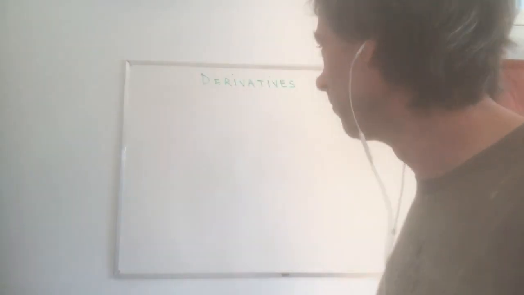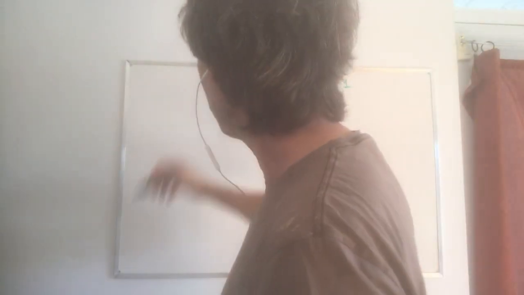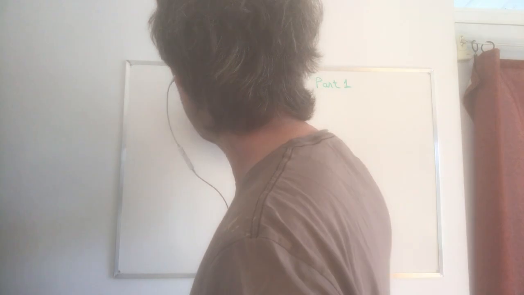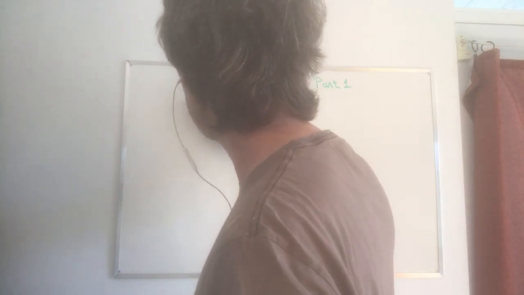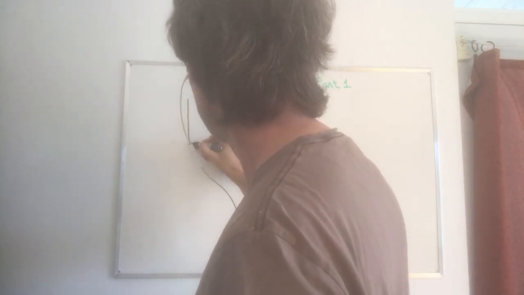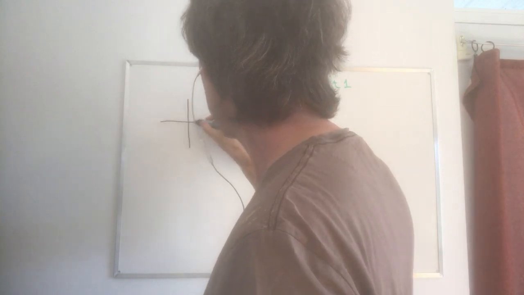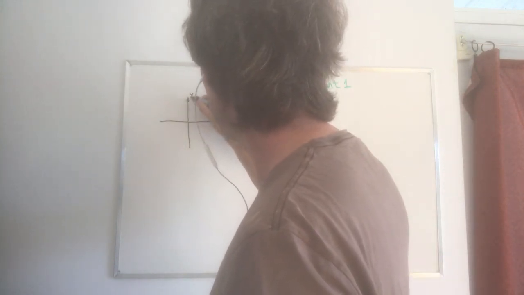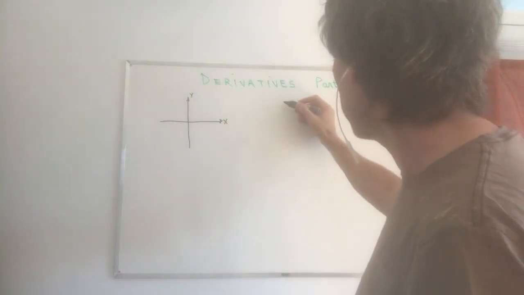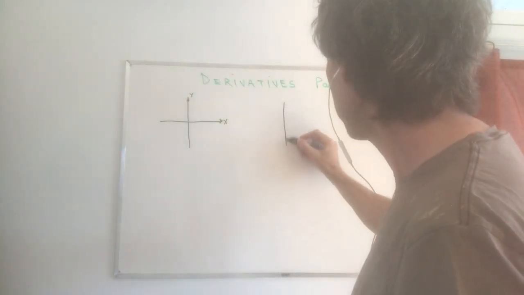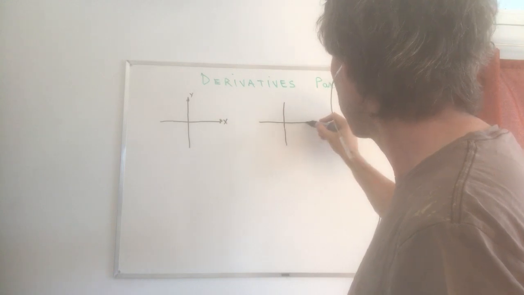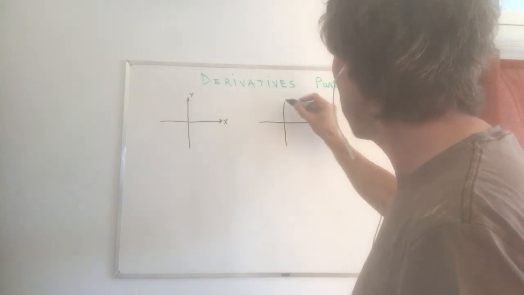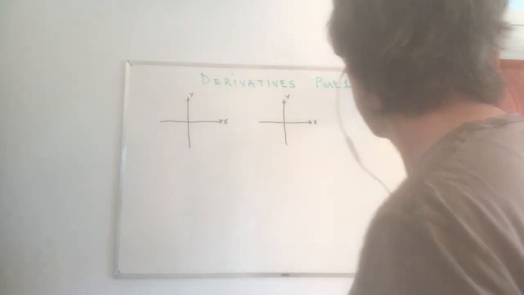So, to begin, let us consider the graph of, okay, here's what I want to do. I want to sketch here three sets of axes. Here's an X, here's a Y. I want to redo that over here again. And I want a third one over there.